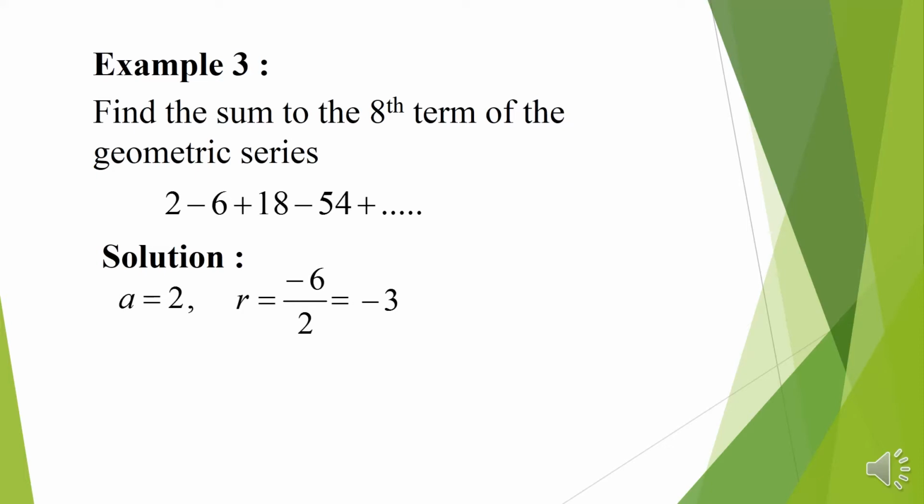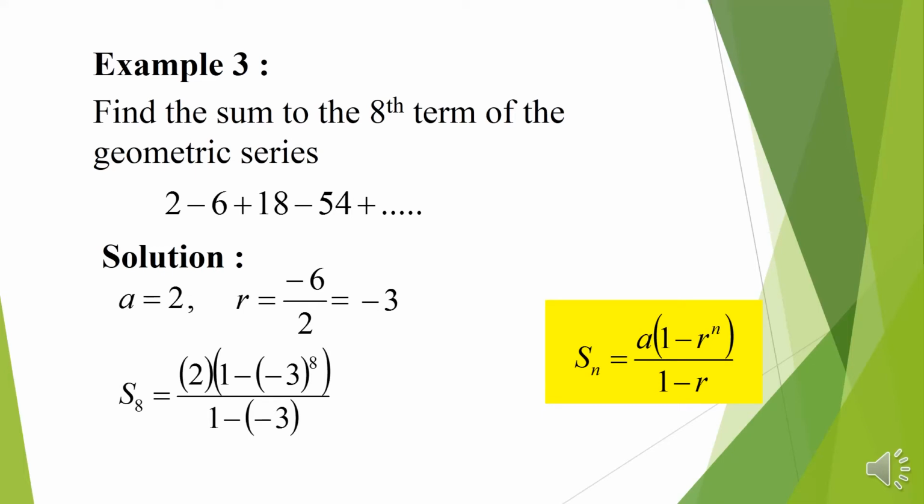So here we're going to apply the formula Sn equal to a(1 - r^n) over (1 - r), and by substituting a, r and n equal to 8, we get the answer: 2 times (1 - (-3)^8) over 1 minus (-3), which is equal to negative 3280.